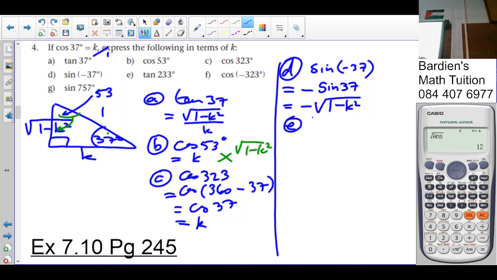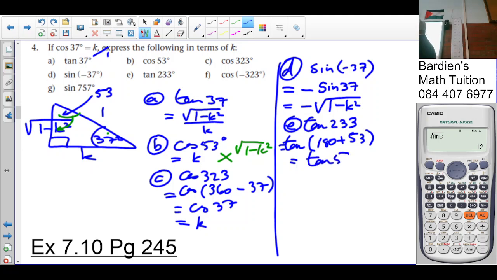Let's look at E. Tan of 233. Which quadrant is 233 in? Third quadrant. So it's going to be tan 180 plus 53. Is tan positive or negative in the third quadrant? Positive. Tan 53 is opposite over adjacent.